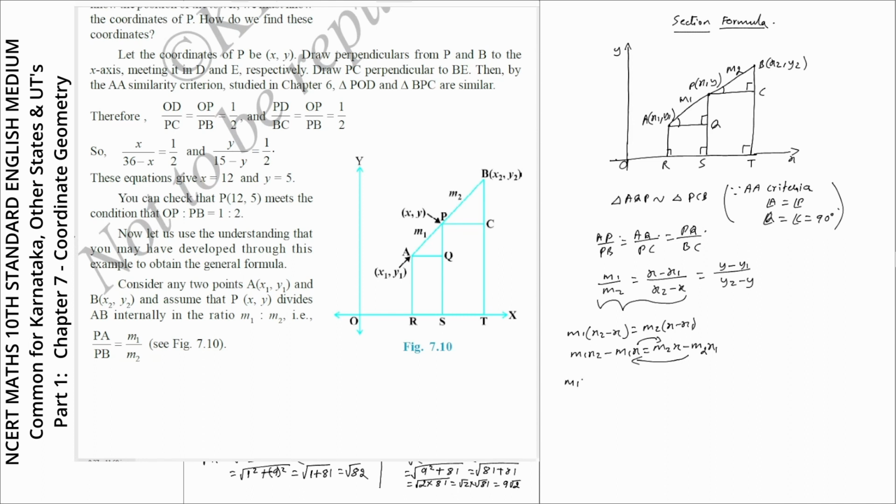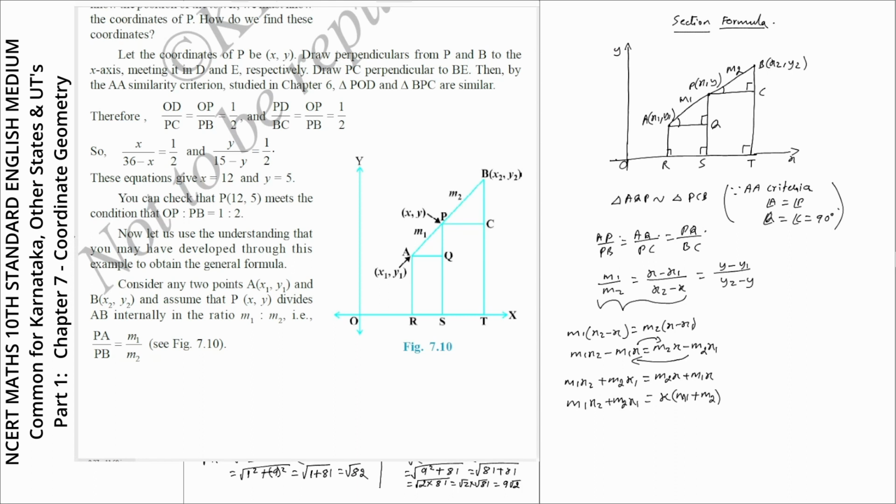So now m1 x2 plus m2 x1 is equal to m2 x plus m1 x I'll get. Now here on the right hand side I can take x as common factor, x into m1 plus m2, okay, here m1 x2 plus m2 x1.